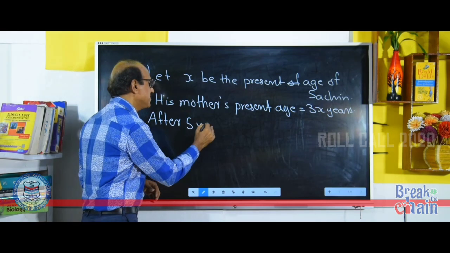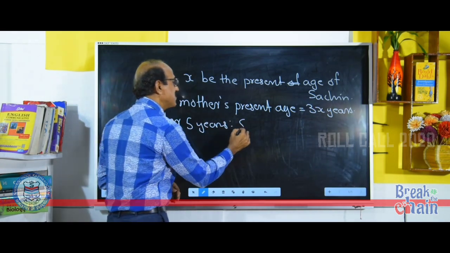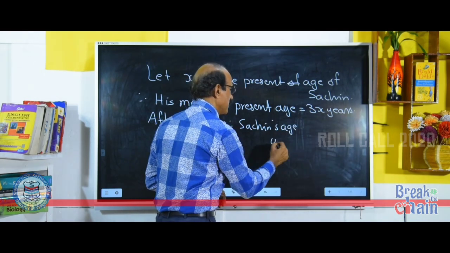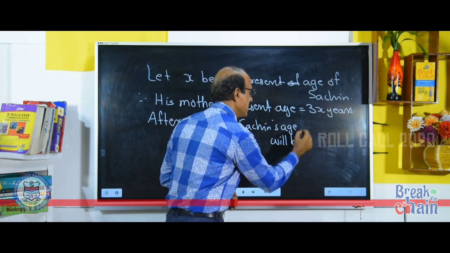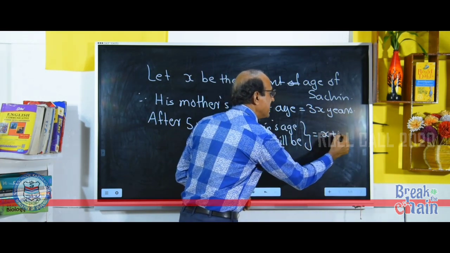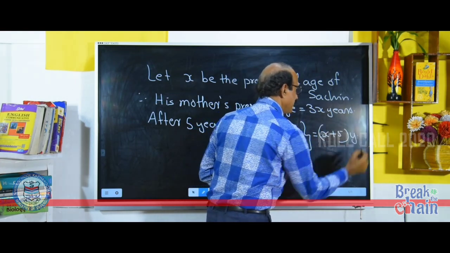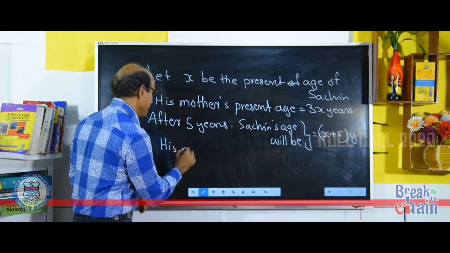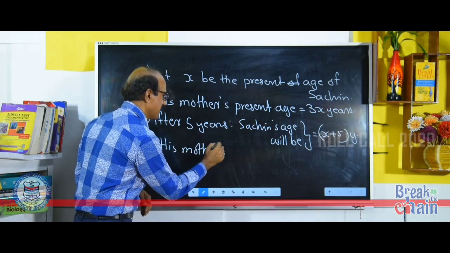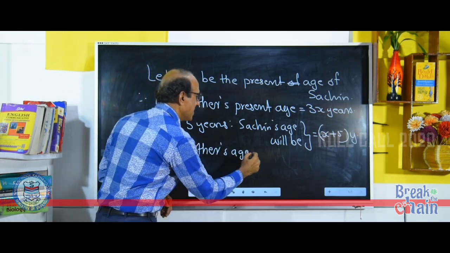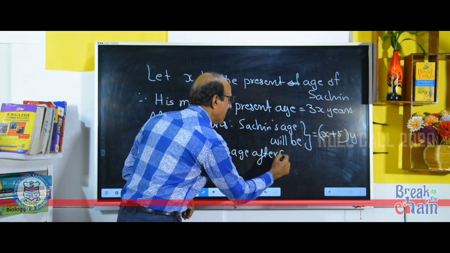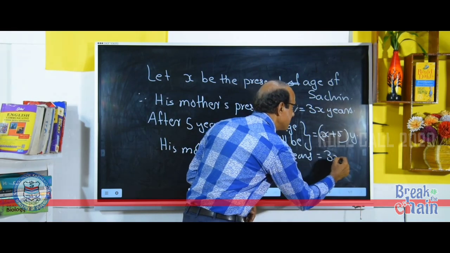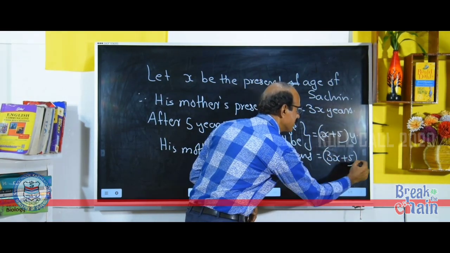After 5 years, Sachin's age will be x plus 5 years. His mother's age after 5 years will be 3x plus 5 years.